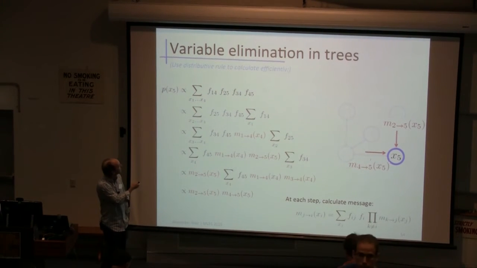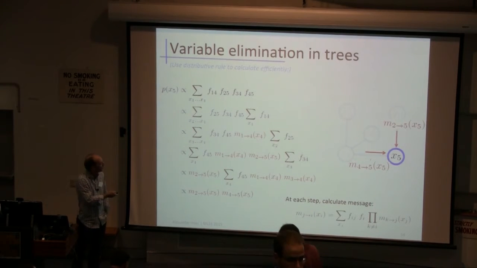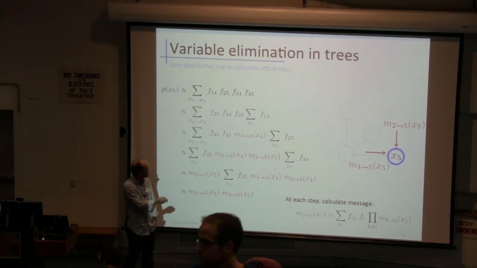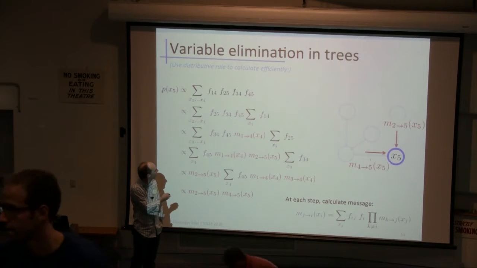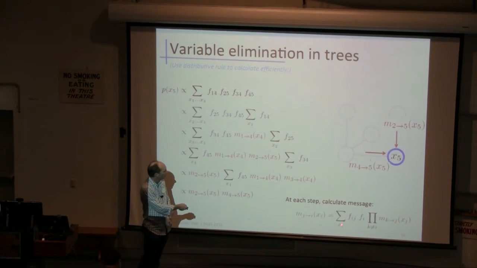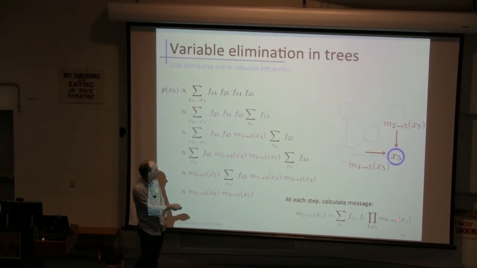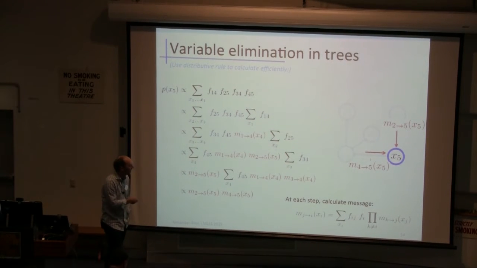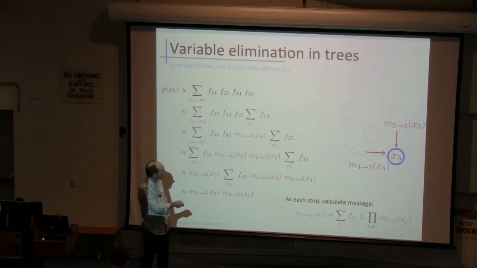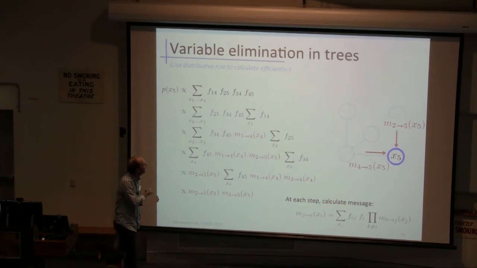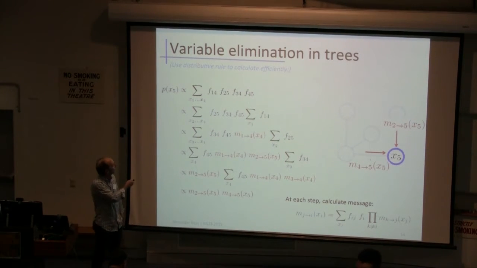At each step, we're doing the same kind of procedure that we were doing in maximization. We're eliminating over some variable, collecting all the functions over the eliminated variable together. And so in a tree, this has a very nice form.